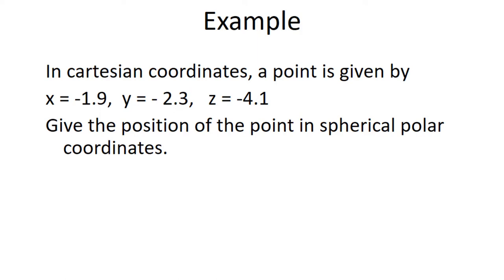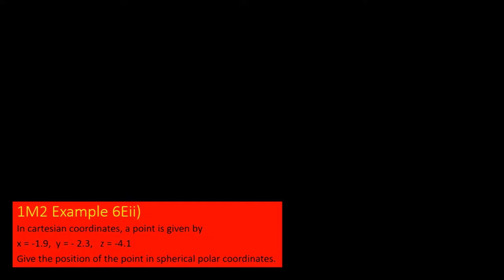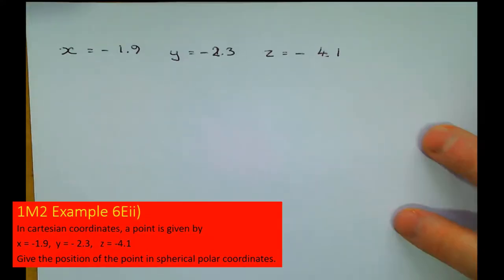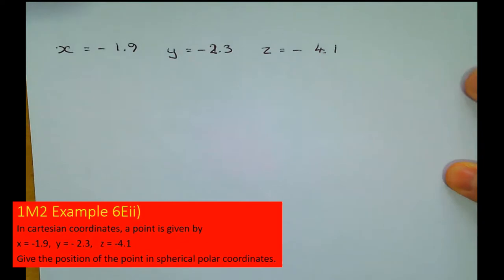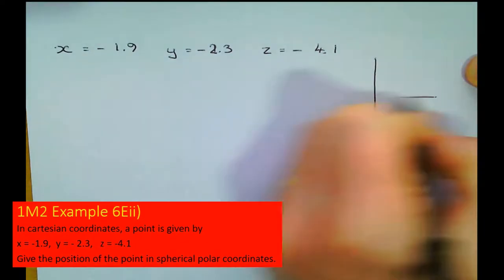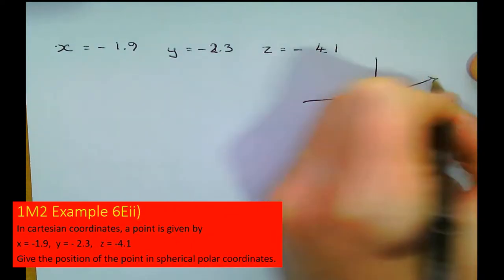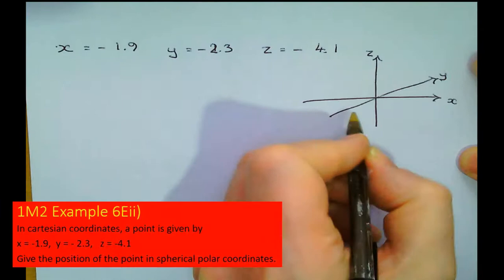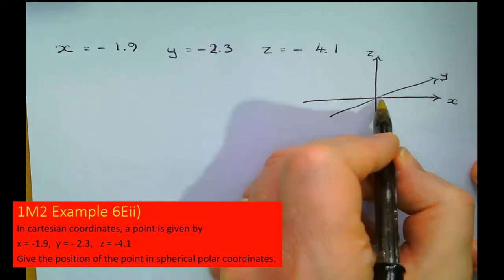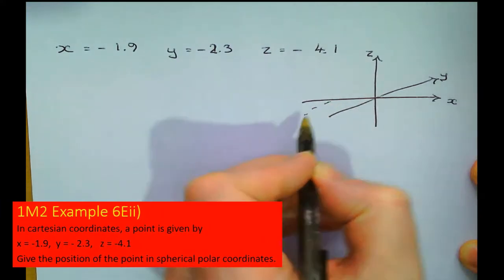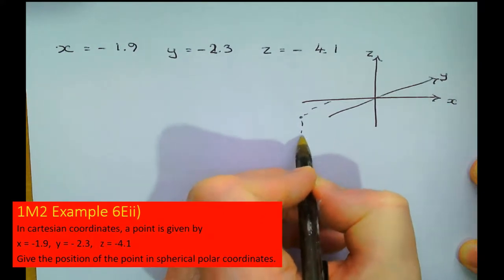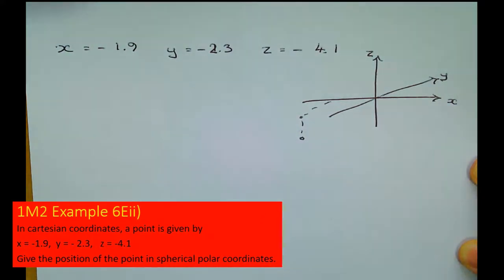In this second example, we're given x, y, and z, and we're asked to find the position in spherical polar coordinates. We note here x, y, and z are all negative. So we have x, y, and z. Our point here, x is negative, y is negative, and then we go down here to our point here.